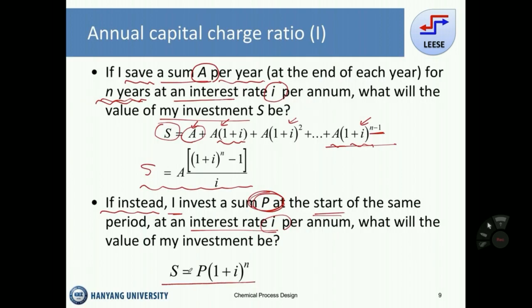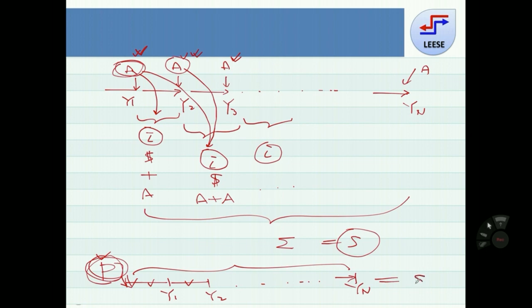So that is the value of my investment, okay? Value of the investment. So I have a big money, but in the other case I have to put a small amount of money year by year. So based on these two observations, we can estimate how much we need to pay back to the bank if I borrow money P.